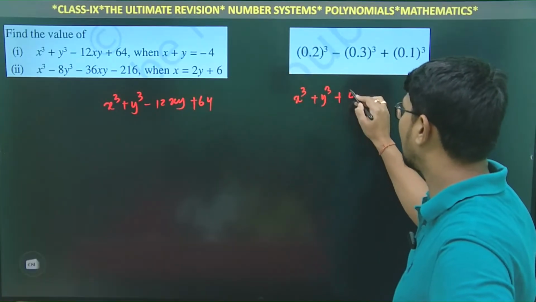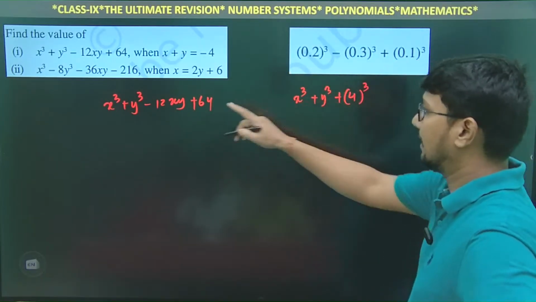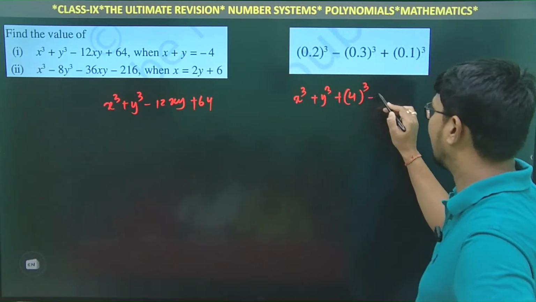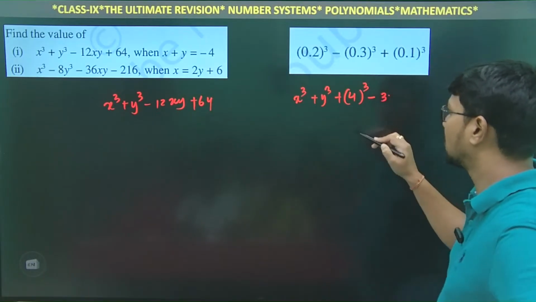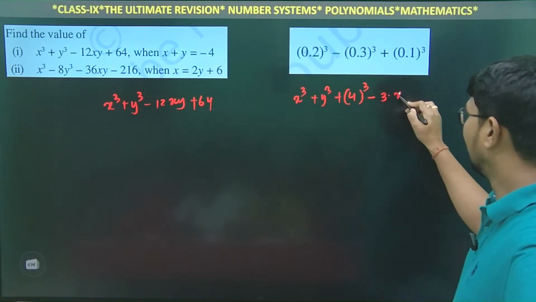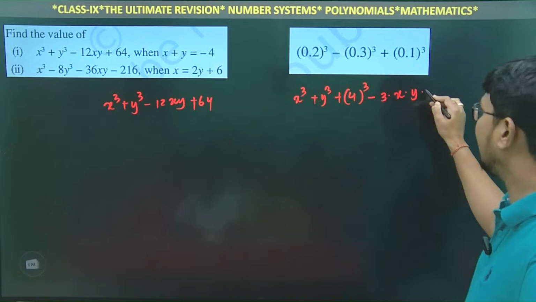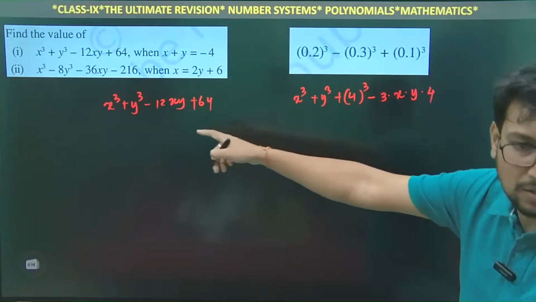So you can write plus 4 cube. Now minus 12xy you can write as minus 3 into x into y into 4.